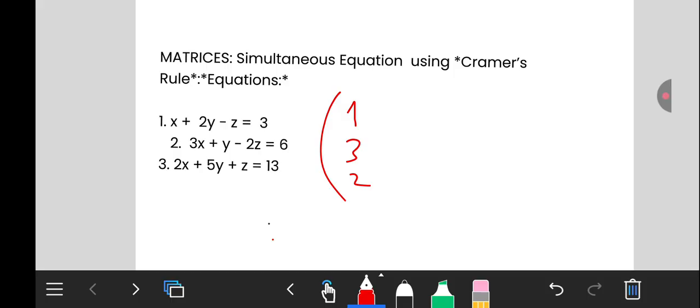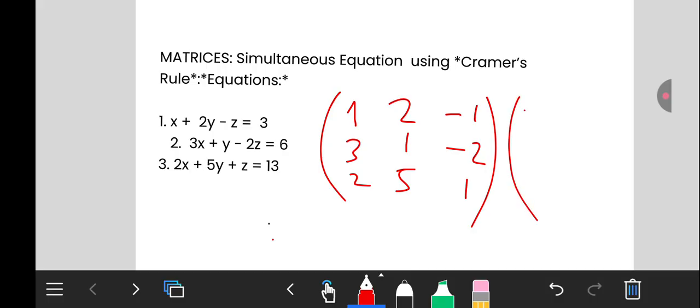The second column will have the coefficients of y, so that is 2, 1, and 5. And the third column will have the coefficients of z, and that is -1, -2, and also 1.